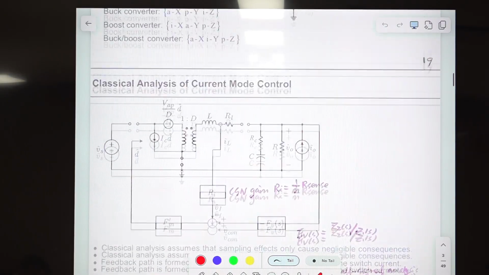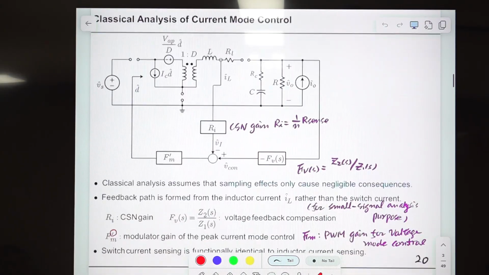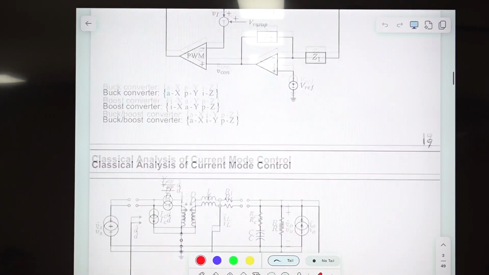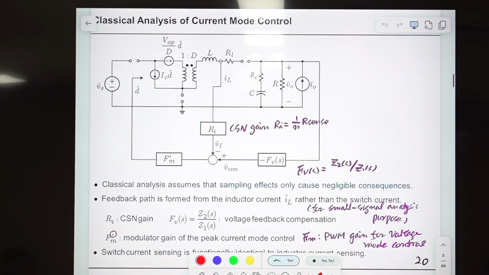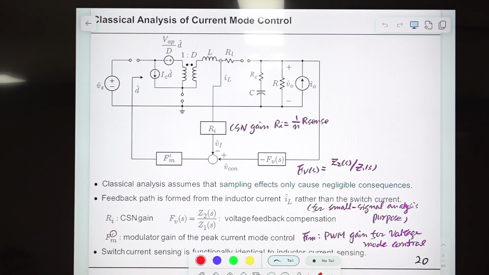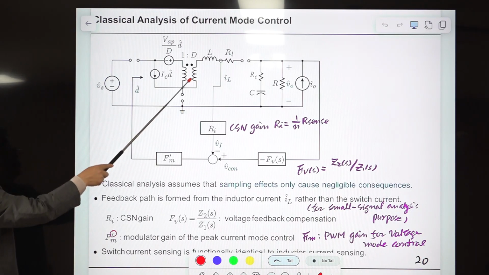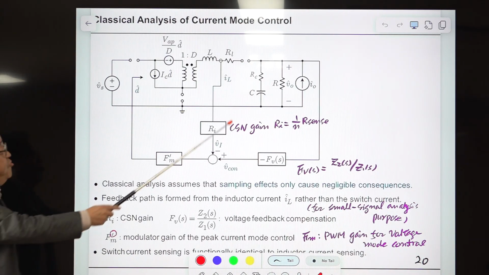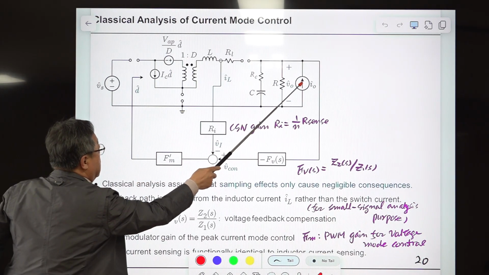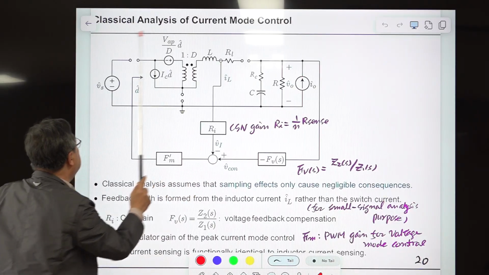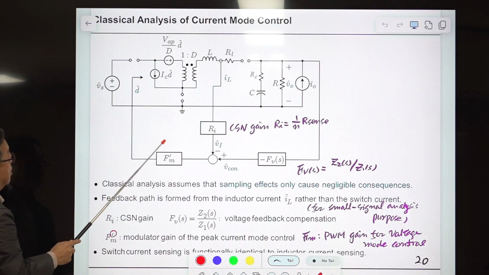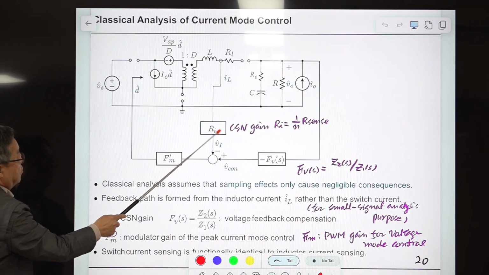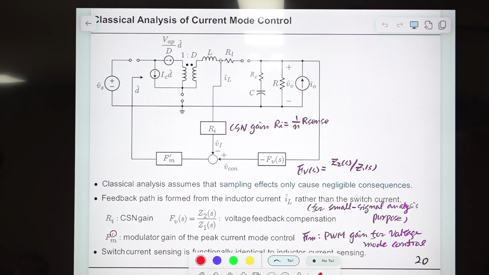And this is the small signal version of this. This is the circuit diagram, and this is the small signal model of the previous slide. The difference is just that we replaced this PWM switch with the PWM switch model, and we introduced two different disturbances here and here. And this is the gain of the current sensing network, Ri.